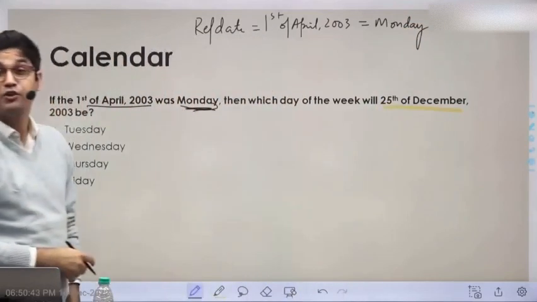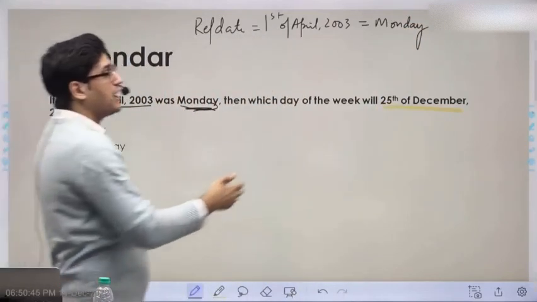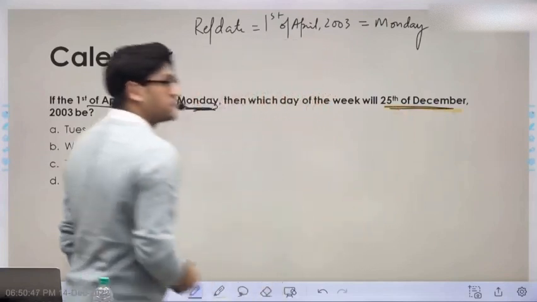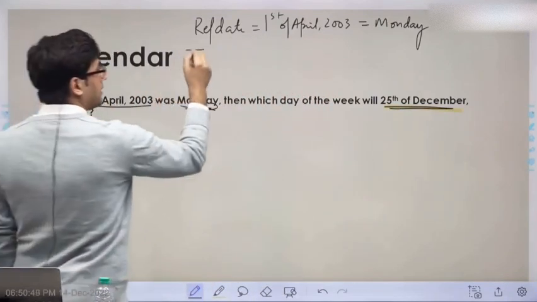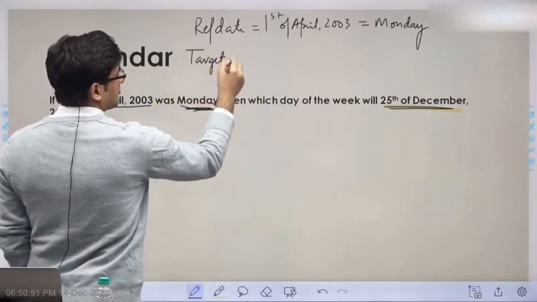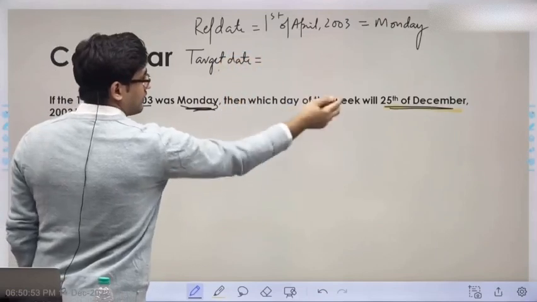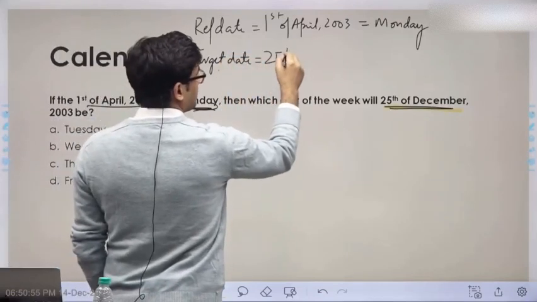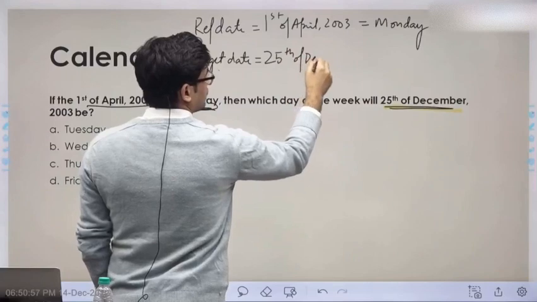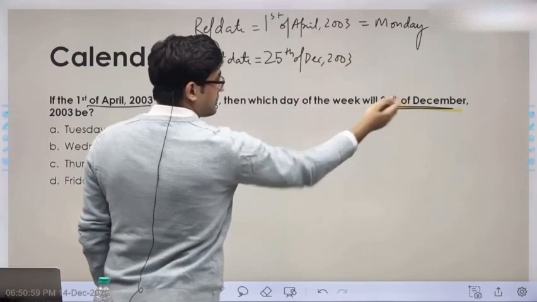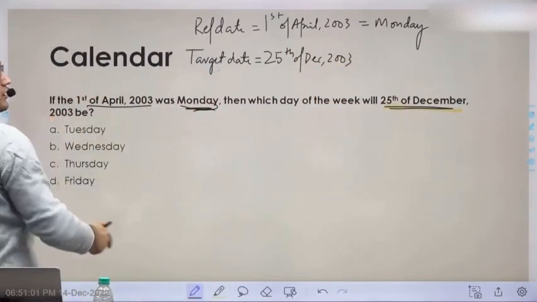Right? What have you been asked to find out? You have been asked to find out what day of the week will the 25th of December be. Target date is what? It's the 25th of December. Same year, 2003. 25th of December 2003. Right?